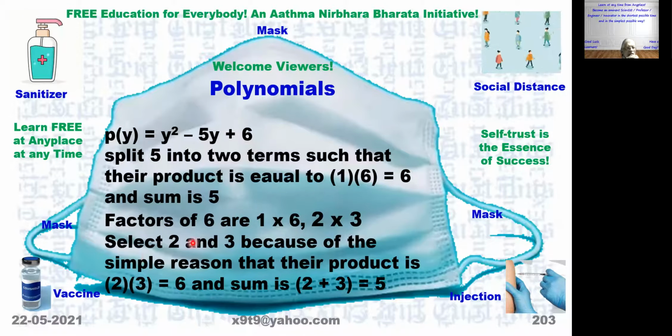Now select 2 and 3, because when we add, we get 5, and 2 and 3 multiplied, we get 6, into this 1, which is equal to 6. Since the coefficient of y square is 1, if we don't multiply by 1, it is okay. So we get the 6. Otherwise, as a general rule, you have to multiply the coefficient of y square and the constant term to get the product of the two numbers used here, whose sum is this minus 5 and the product is 6.